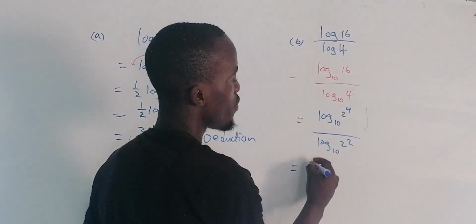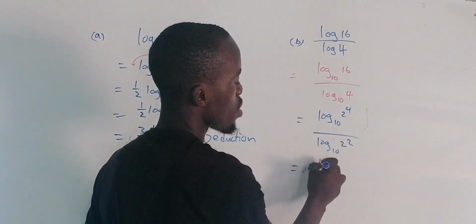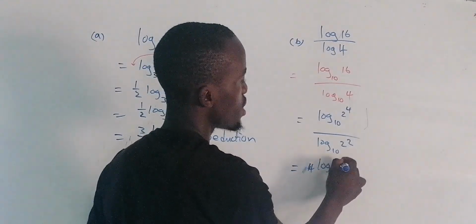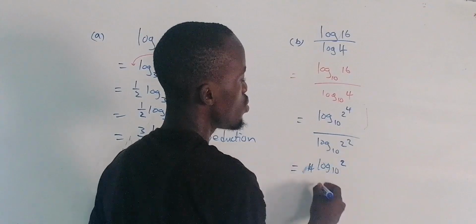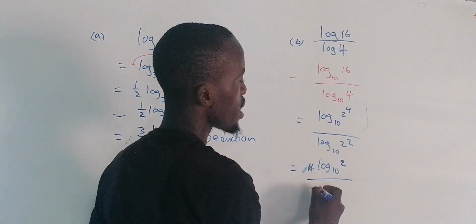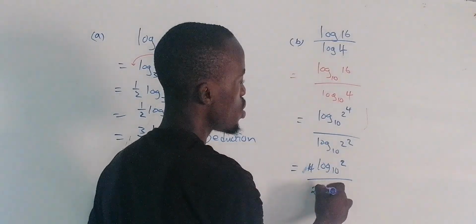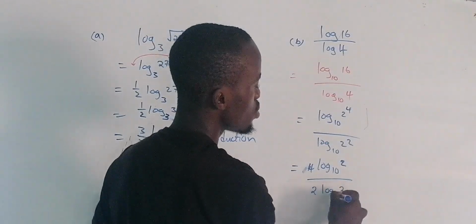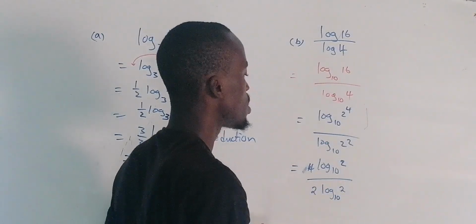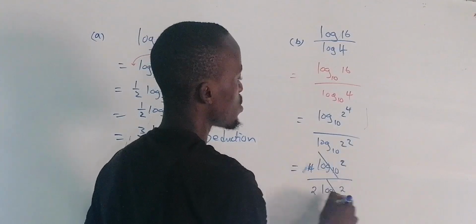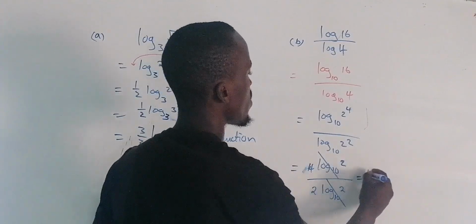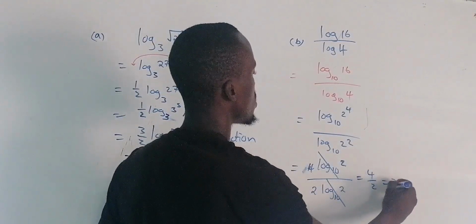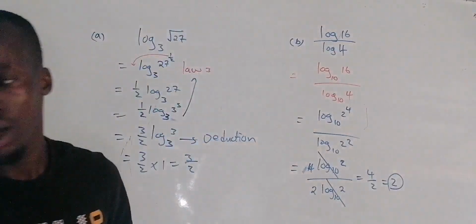So it will be 4 log 2 base 10, then here it's 2 log 2 base 10. Then these ones will cancel. Now we'll have 4 over 2, which is 2. So that's our answer.